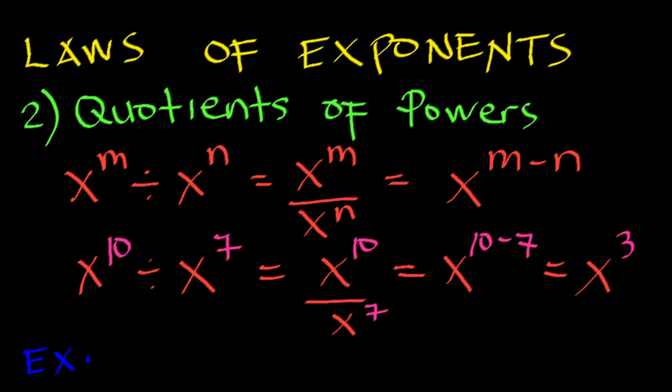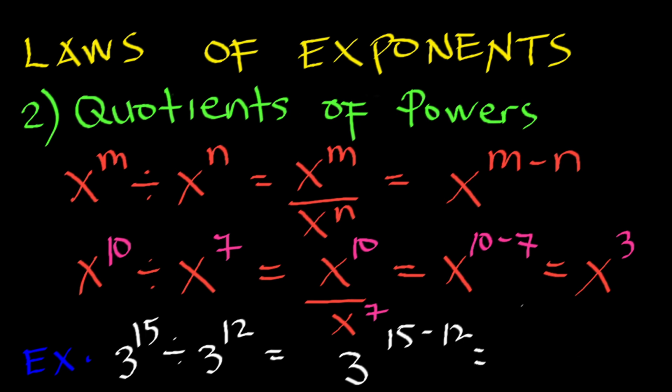So kung gagamit tayo ng real numbers, same lang din yung concept na i-apply natin. So we have 3 raised to 15 divided by 3 raised to 12, which is equal to 3 raised to 15 minus 12, which is equal to 3 raised to 3 or 3 cubed, which gives us the final answer, which is equal to 27.